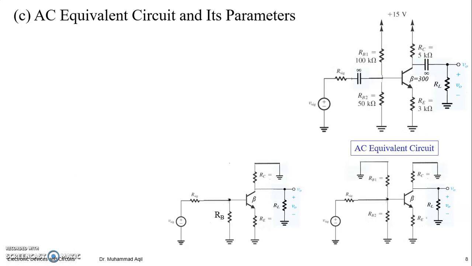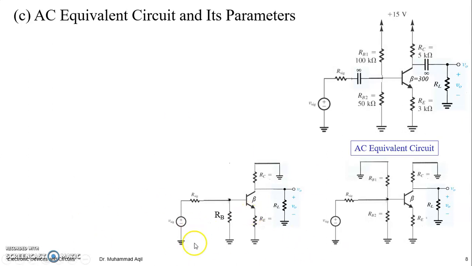The pi model can still be used, but it will actually not be as simple as compared to the T model. We will explain it later when providing the pi model of this circuit.